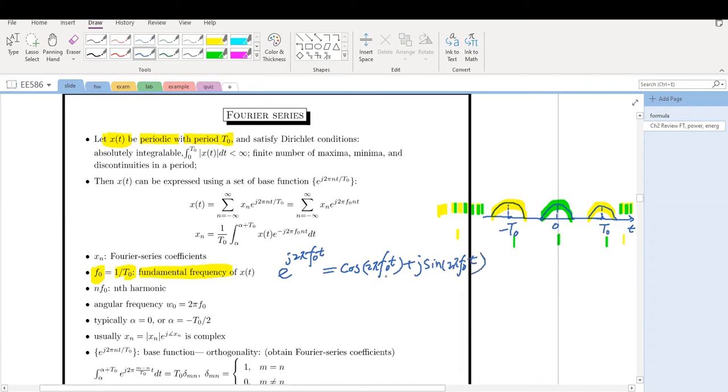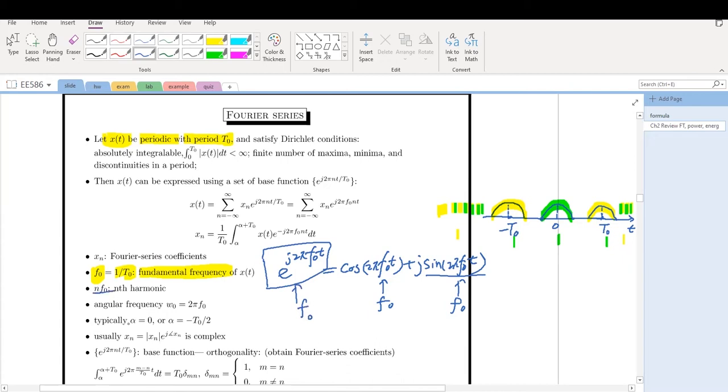You can see the cosine term's frequency is f0, and the sine term's frequency is f0. So therefore, this complex exponential is a periodic function with the frequency f0 as well.